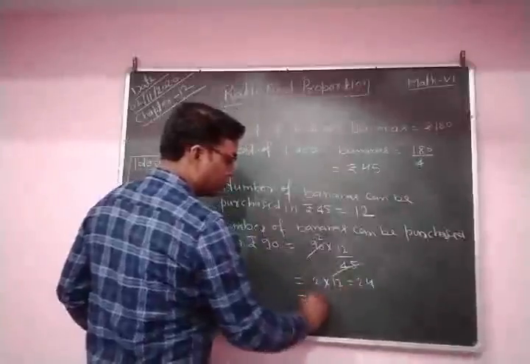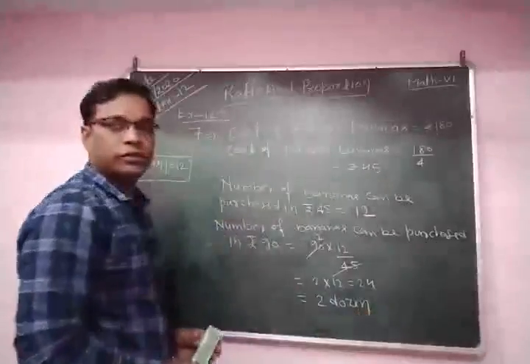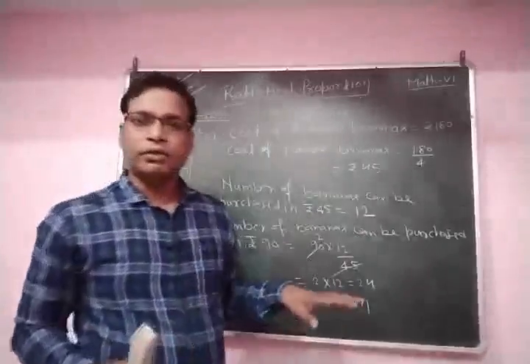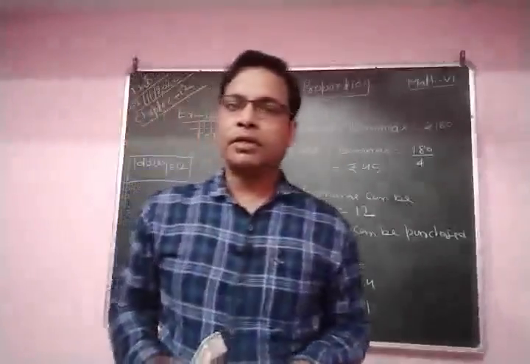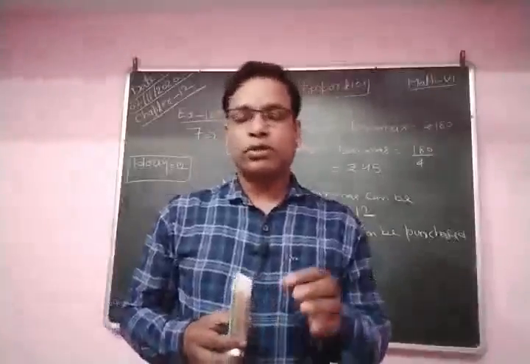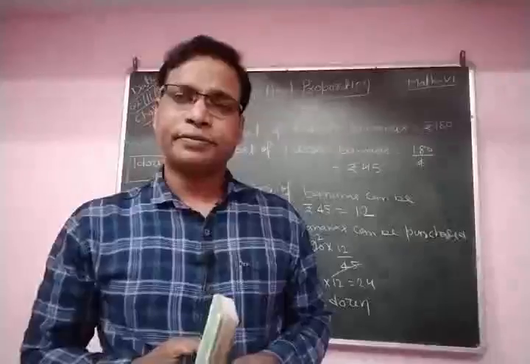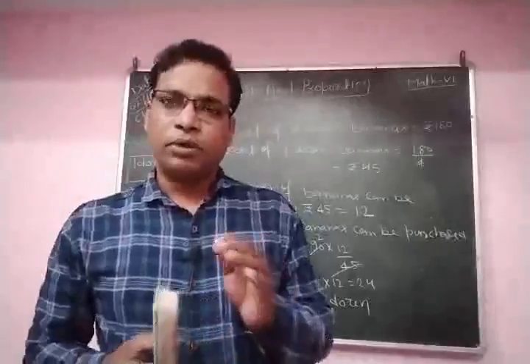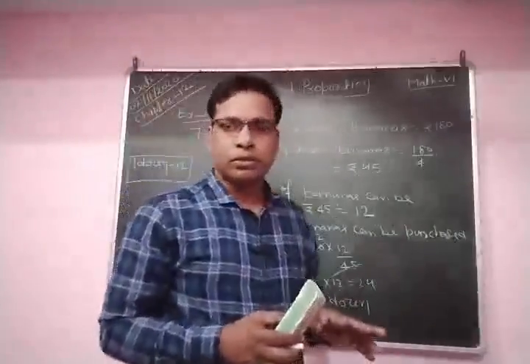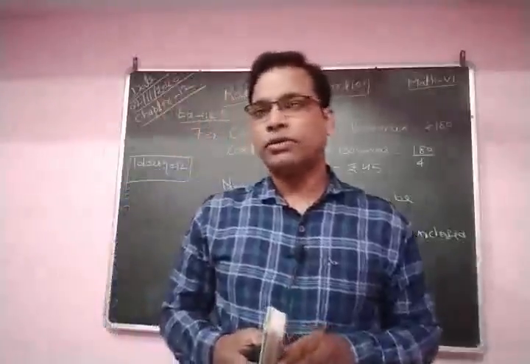Or you write here 2 dozen. Okay, so you can see, you can solve both ways. This depends on you. In this question, it is given that the cost of 4 dozen banana is 180 rupees. So if you need to find the cost of 2 dozen banana, if you divide both sides by 2, then you obtain 2 dozen banana is equal to 90 rupees. Okay, so in this way you can solve this question.